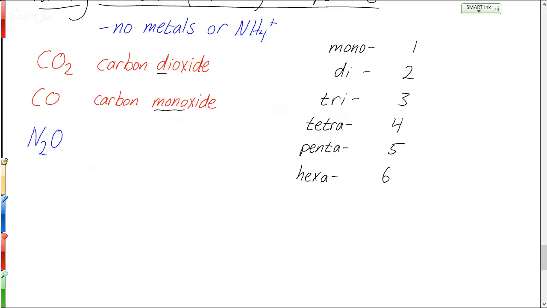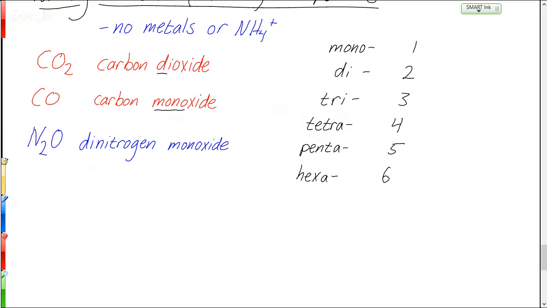Yeah, nitrous oxide. But if we want to name it as a proper molecule using these rules, we want to specify how many nitrogens and how many oxygens there are in this name. So we use these prefixes and we say dinitrogen monoxide.